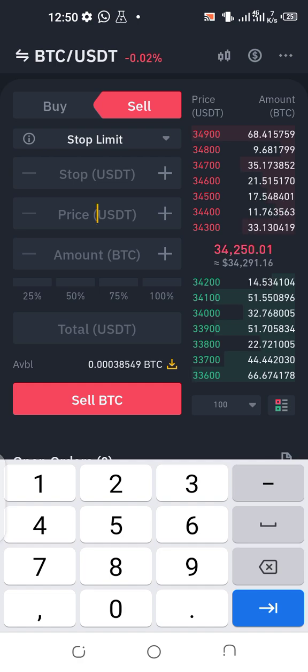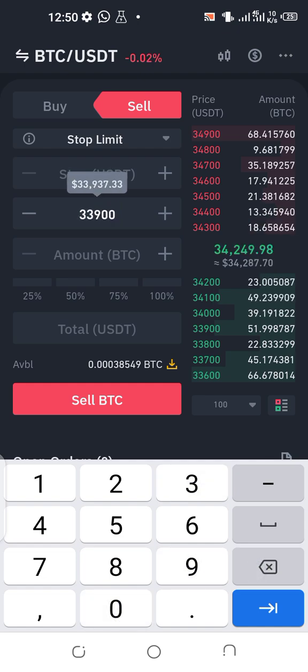I think it might fall, and I don't want to lose too much of my money, so I can set a stop limit order such that if I think it should not fall below 34,000, I can put my sell price at, let's say, 33,900, and that's my limit price, then put my stop price at 34,000, so that if it falls below that, it automatically sells for me at 33,900, because I don't want the price to go down to 32,000 while I'm still in the market.